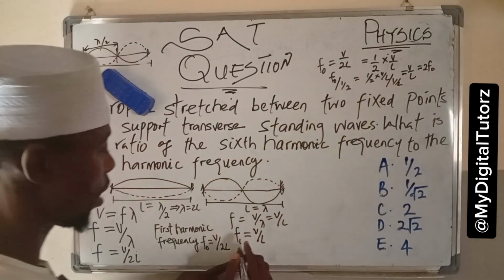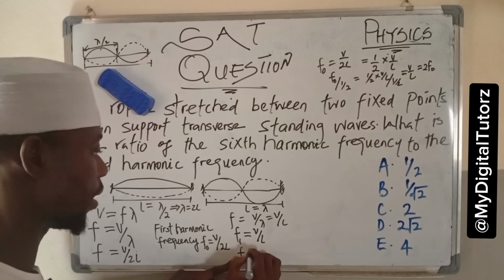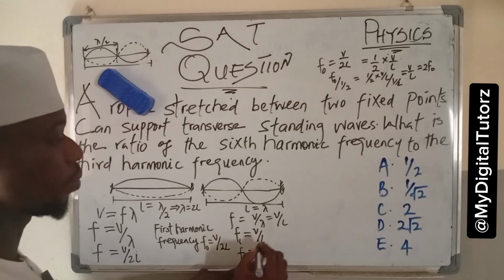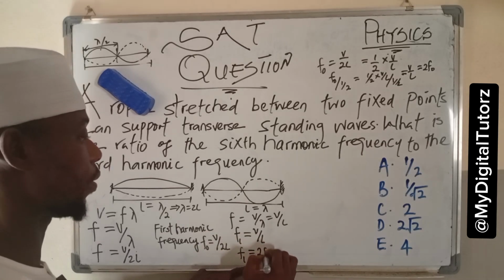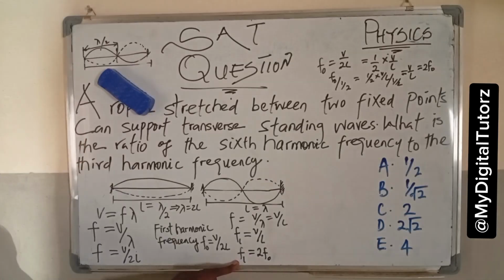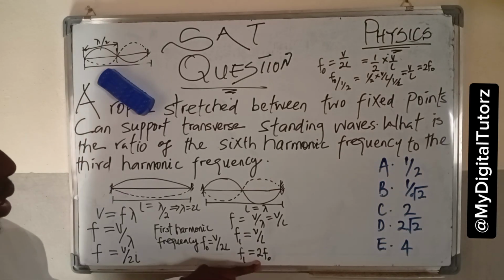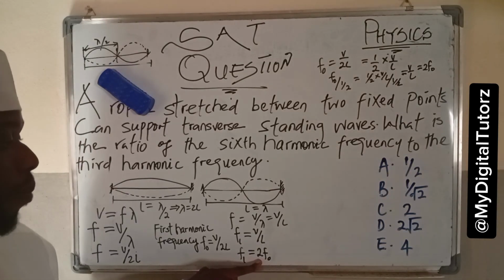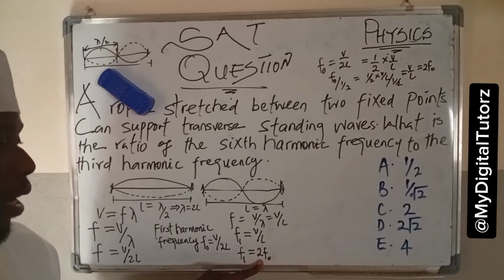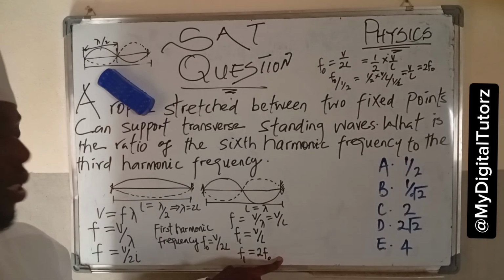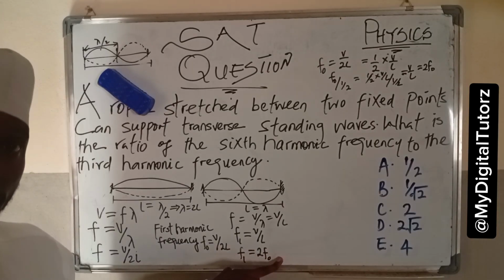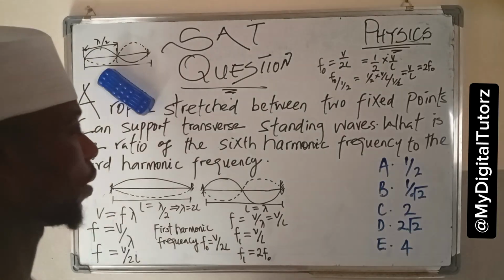Is that clear? And my F1 is equal to V over L, so my F1 is the same thing as 2 F naught. So my second harmonic is an integral multiple of the first harmonic. Is that understood? So that is one.